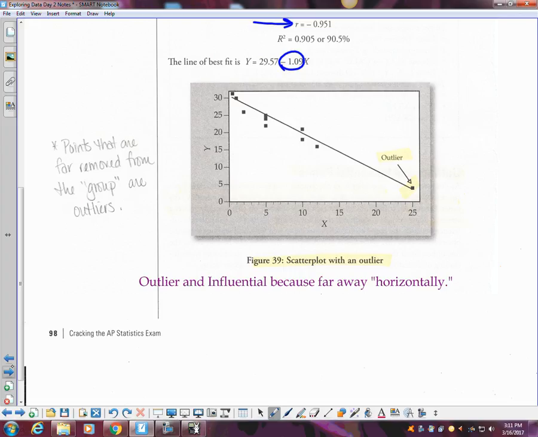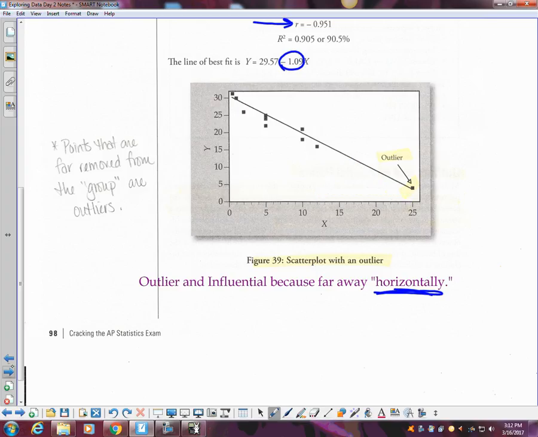If we're far away horizontally, then you're going to be influential. Because what if he was here? Then he would pull that whole line this way. Or let's say he was way down here. Now he's pulling the line this way. So when you're far away horizontally, you have a lot of weight with the line.